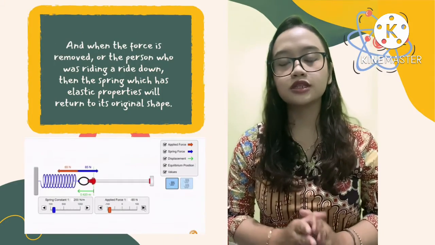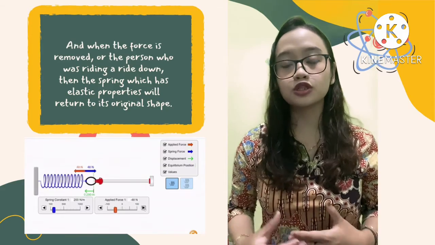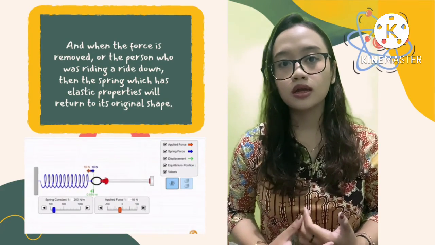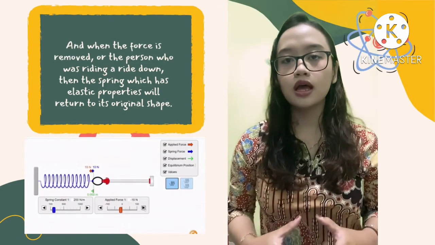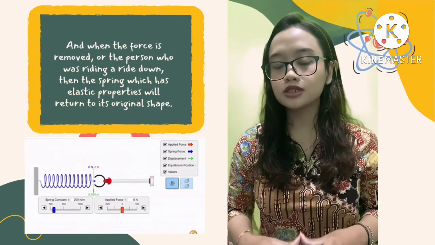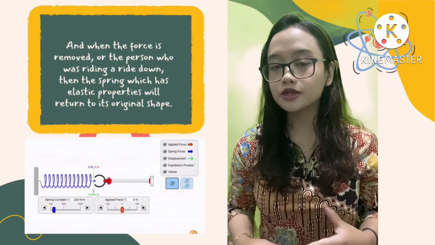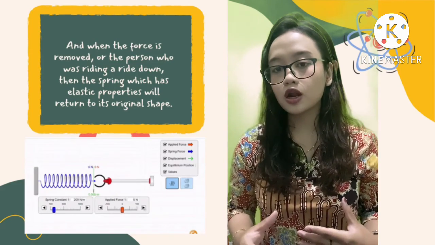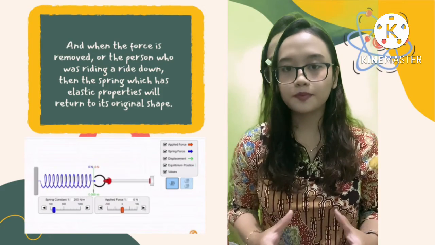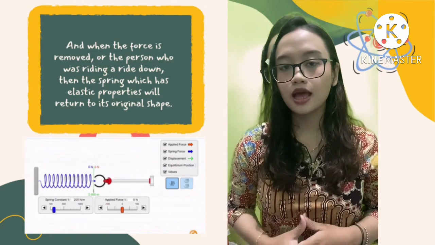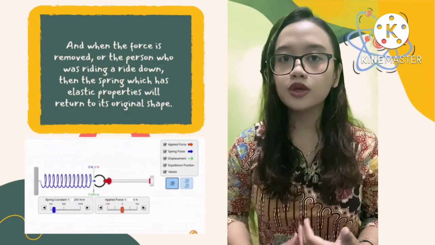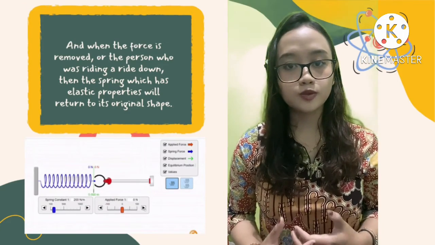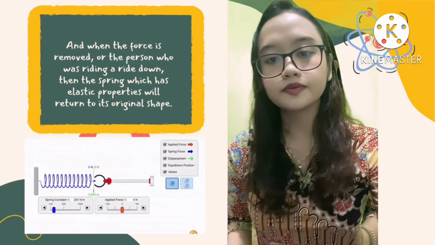And when the force is removed or the person who was riding the motorcycle gets down, the spring, which has elastic properties, will return to its original shape or size. This is in line with Hooke's law that we got through the experiment earlier.